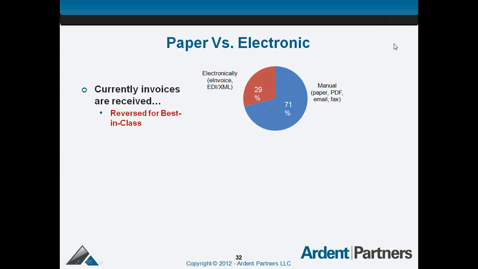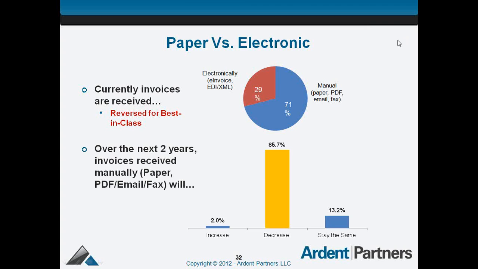And this includes paper, email, PDF, fax, all considered to be manual forms of invoices, and the remainder are being received electronically, which we consider to be e-invoicing or EDI or XML, those types of electronic invoices.